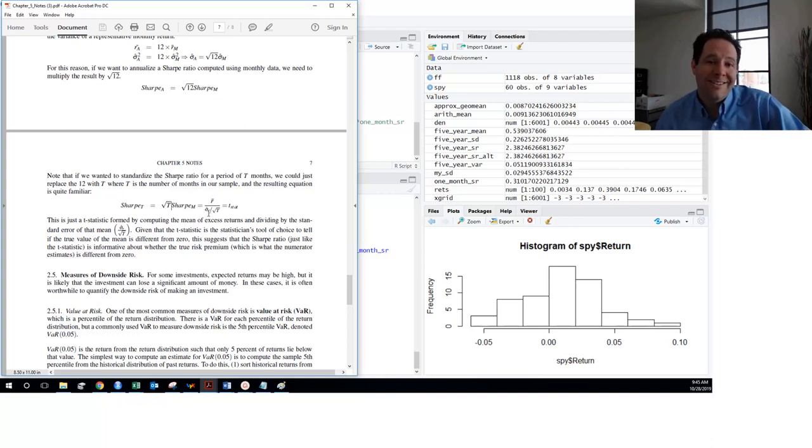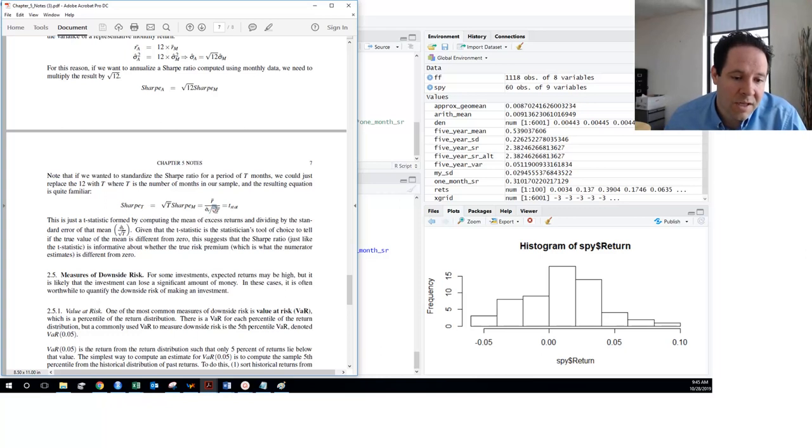Well, you can divide both numerator and denominator by the square root of T, and the denominator then ends up looking like the standard error of the mean. The ratio of the sample average to the standard error of the mean equals the t-stat, our very familiar test statistic when we're doing hypothesis tests.